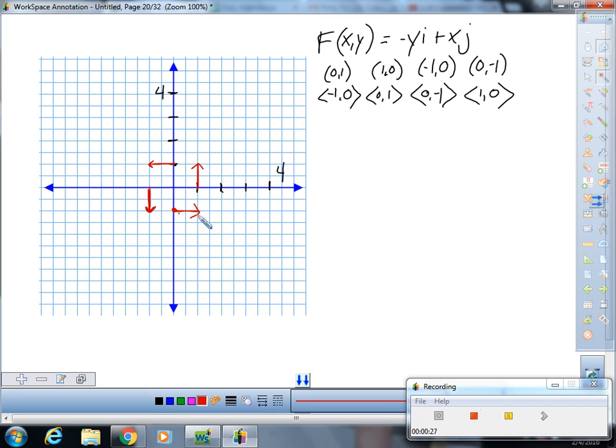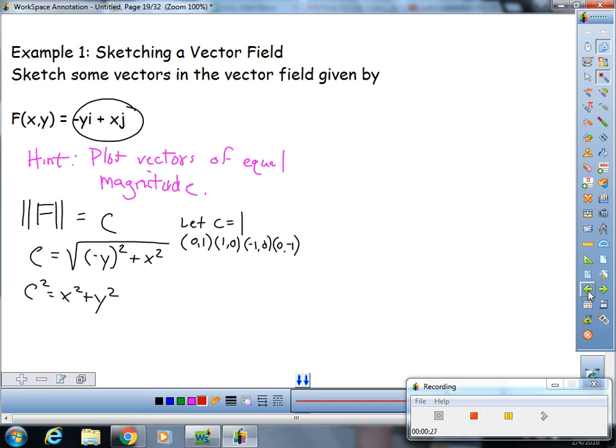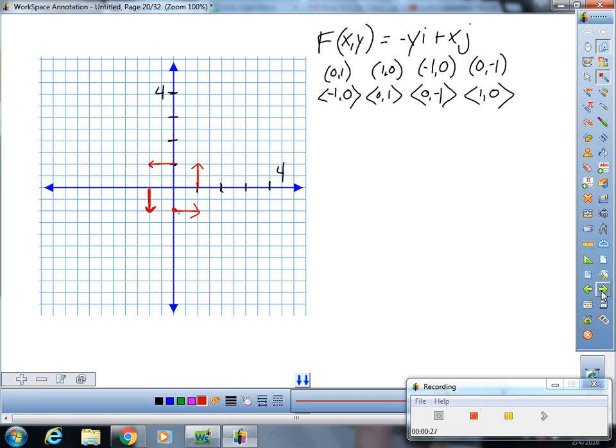Okay. Now, let's let C equal 2. Okay? Hold on, if I go back to this, what I want you to understand that's important, did you see that all of these had a magnitude of what?